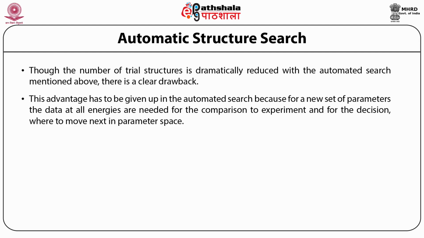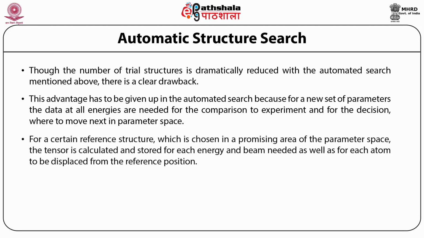A way out of this situation is the use of tensor LEED together with a directed search, as was accomplished by the Berkeley group and is displayed by the flowchart, for a certain reference structure which is chosen in the promising area of the parameter space.